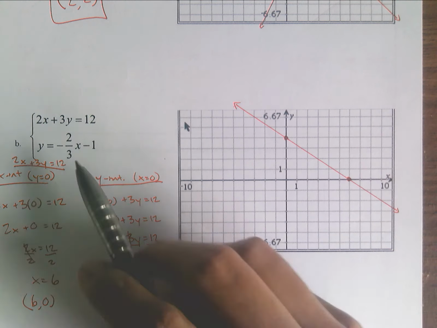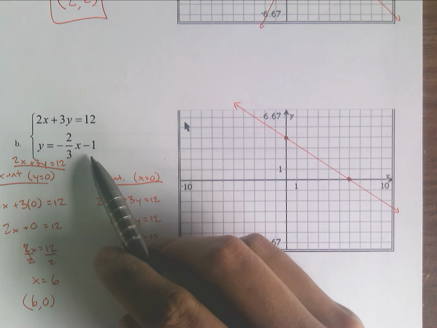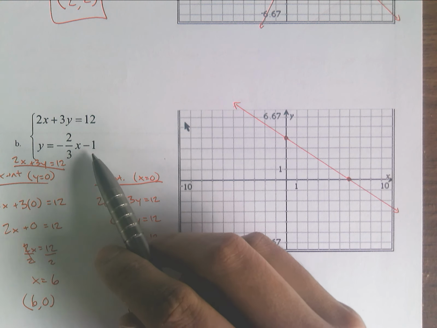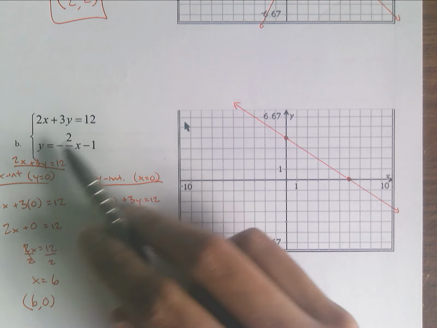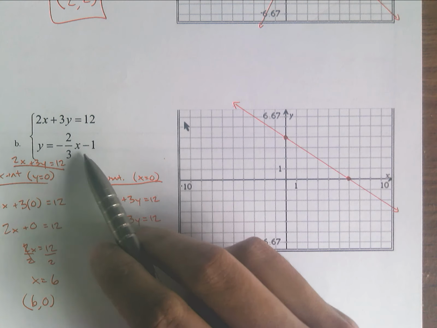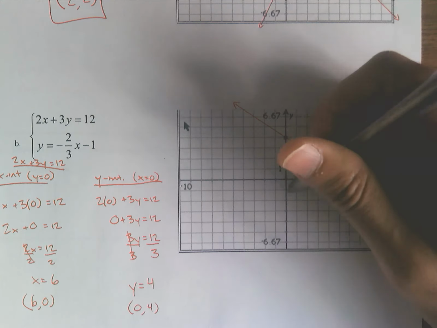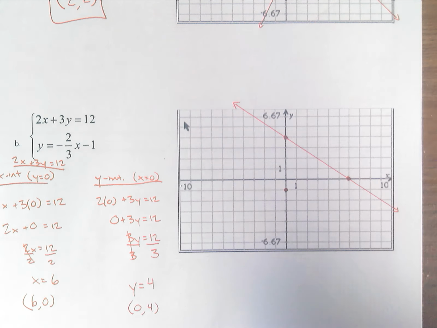Well, this one is in slope-intercept form. So we can just find the y-intercept and then use the slope to find our other points. So looking at this equation, our y-intercept is negative 1. So that's going to be down 1. We're going to plot that point. And then our slope is negative 2/3.